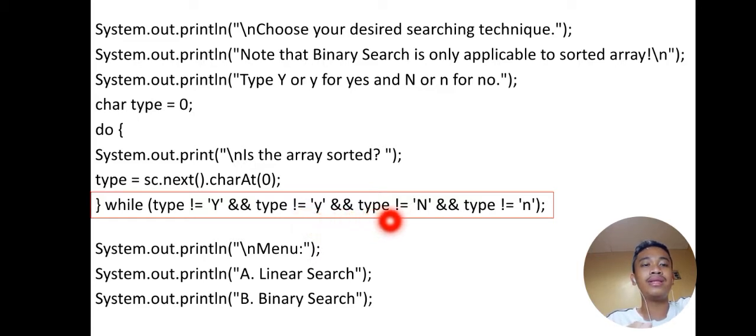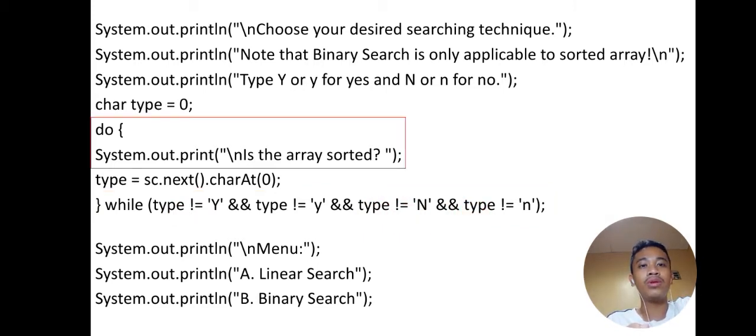And type is not equal to big N. It is true. And M is not equal to small n. It is true. So this means the whole condition is true. So once it is true, it will go back again to our loop. If it is false, it will jump to the next block of code.